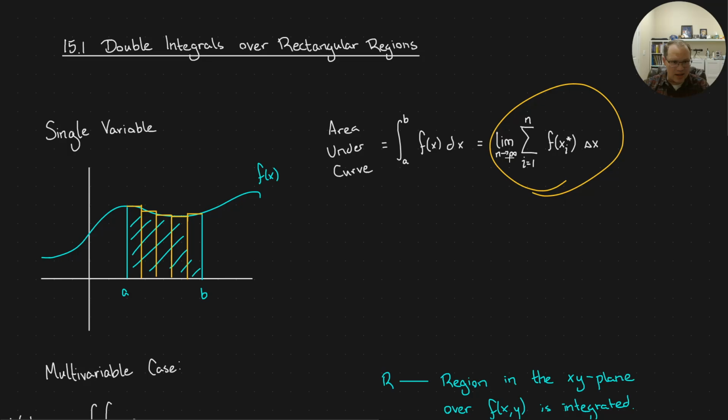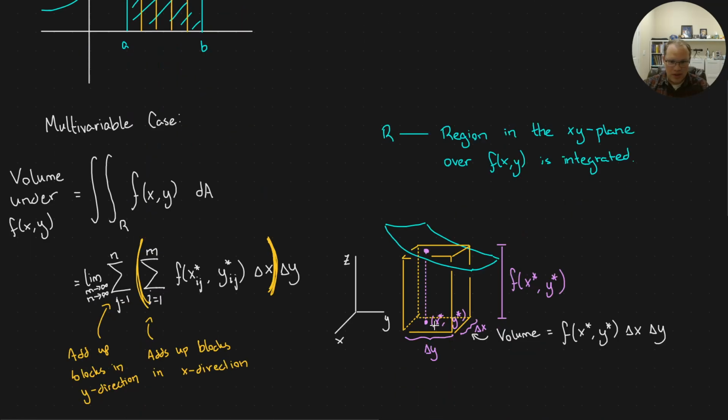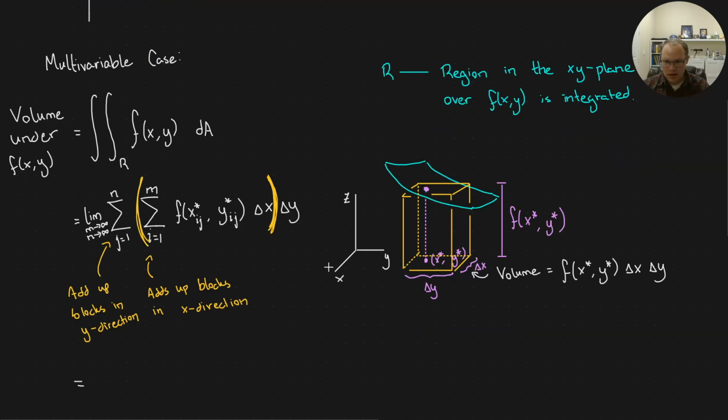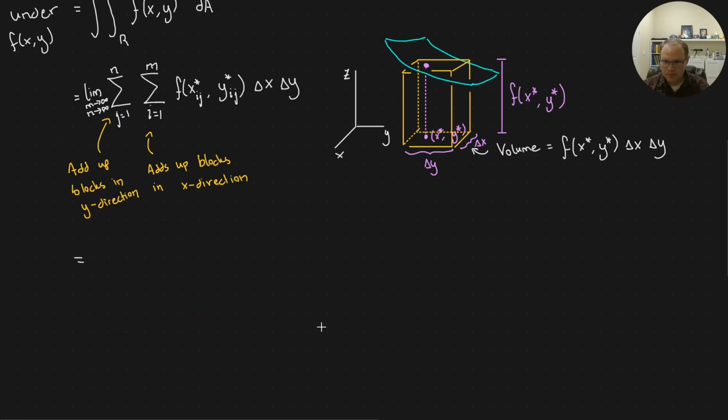And when we took the limit as we went to infinity, we got a single variable integral. Well, that's exactly what we have here. Just looking at the interior, we have a summation, we have some function, and then we have a delta x. And as we take the limit, that interior becomes a single variable integral.